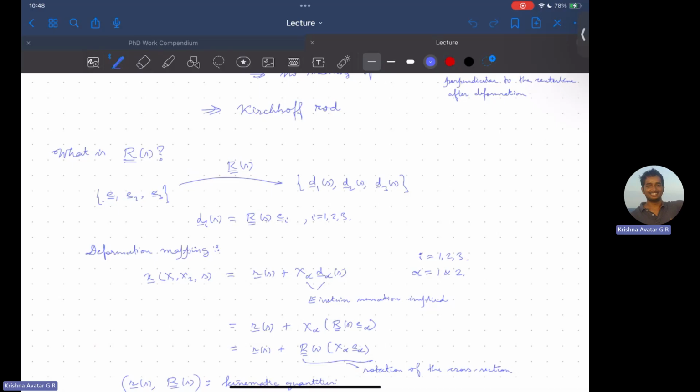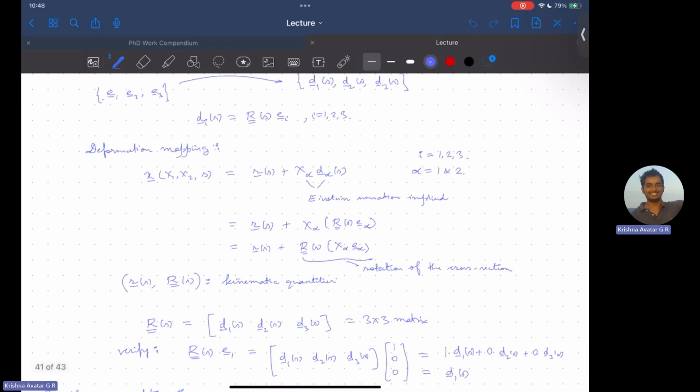Then we have the deformation mapping x as a function of X1, X2, and S, which are the material coordinates, where X1 and X2 represent the coordinates of the cross section, and S is the arc length coordinate along the center line.